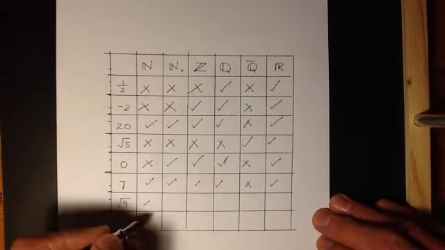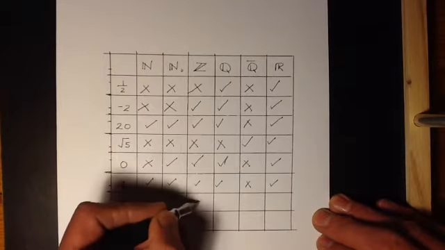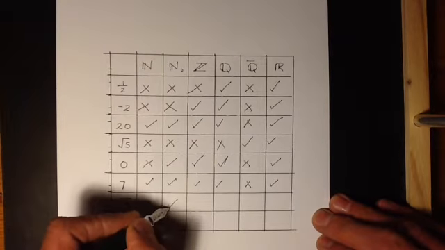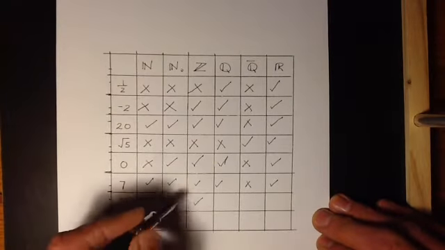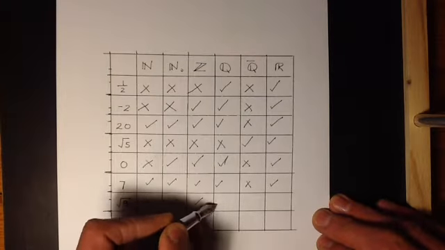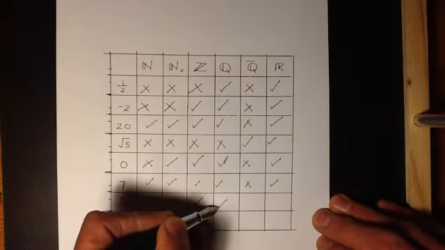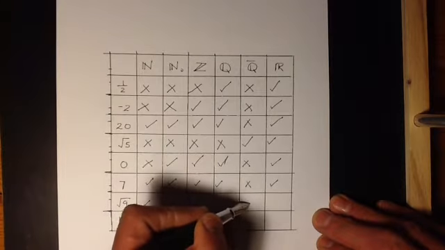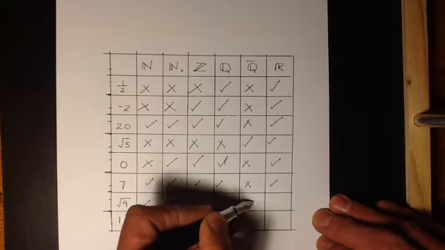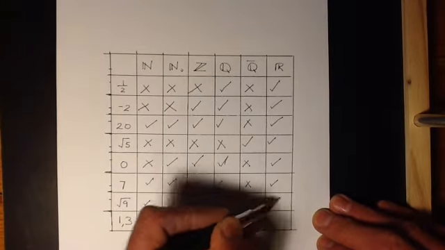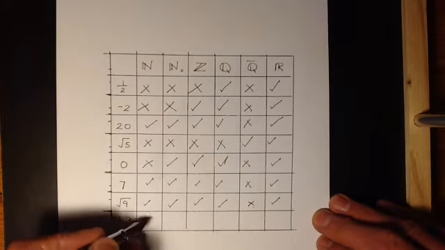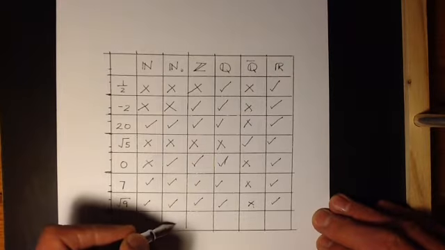Root 9, oh, be careful, root 9 is 3. So, yes, it is natural. Yes, it's a whole number. Yes, it's an integer. Yes, it's rational. So, no, yes. 1.3. No. It's not a whole number.